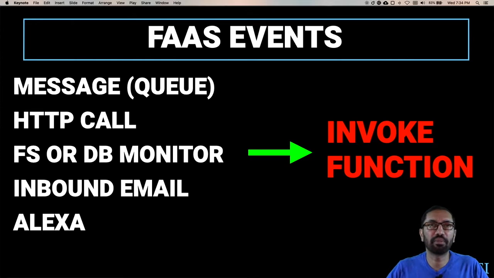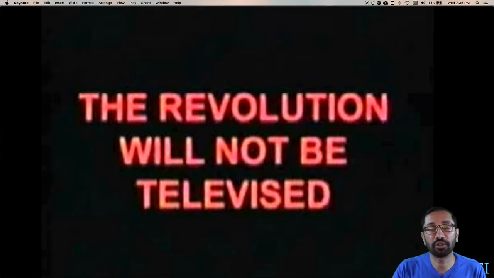So what are some Cloud Function events? Message queue, something coming in off a queue, it goes in and invokes a function. HTTP call goes in and invokes a function. Database monitor, maybe an inbound email goes in and executes a function. So we take the data that is provided in the event, we pass it to the Cloud Function, it does its processing, and then returns a result, or maybe invokes another Cloud Function.